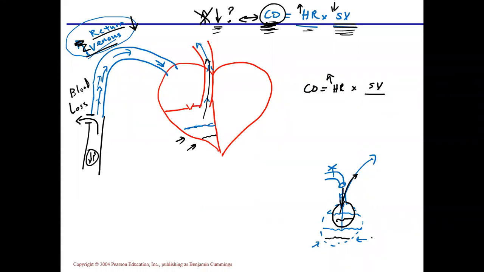Again, to answer that question, a lot of times there are two factors involved. One, the venous return is going to be higher. In other words, they're going to get more filling. So that is one reason. The norepinephrine is a vasoconstrictor.